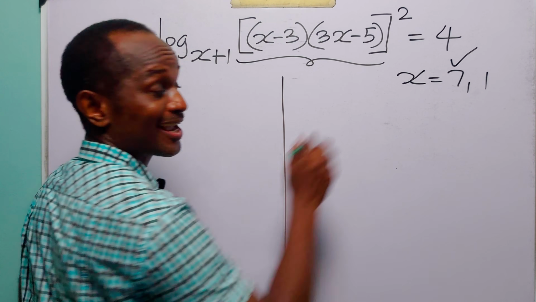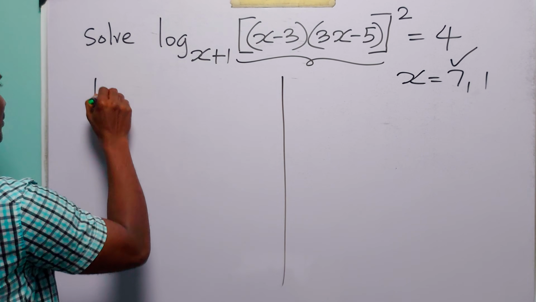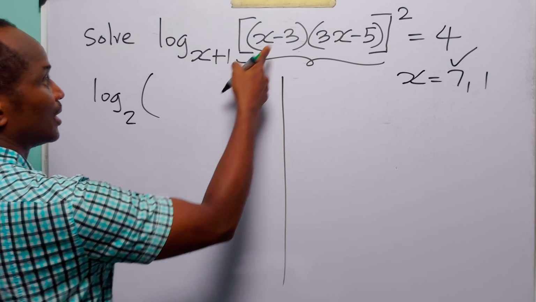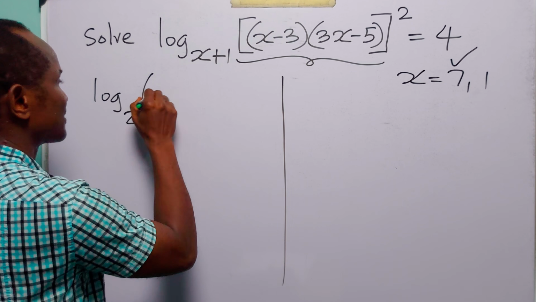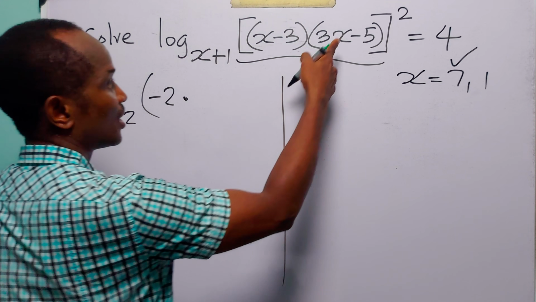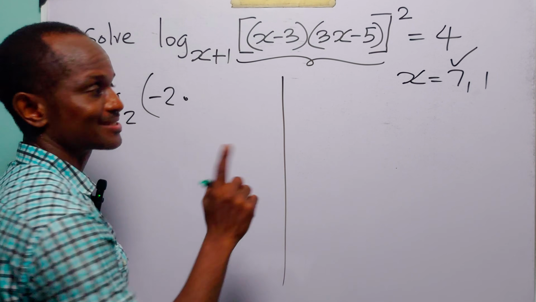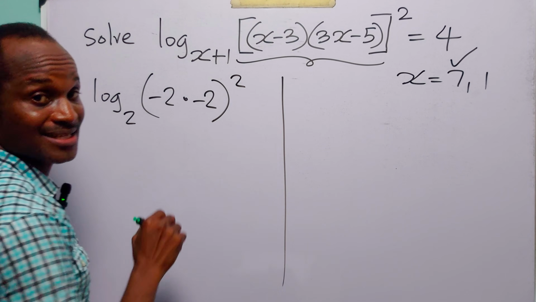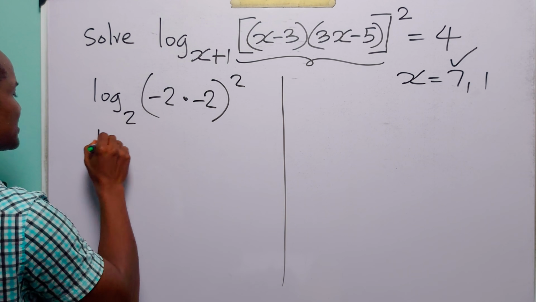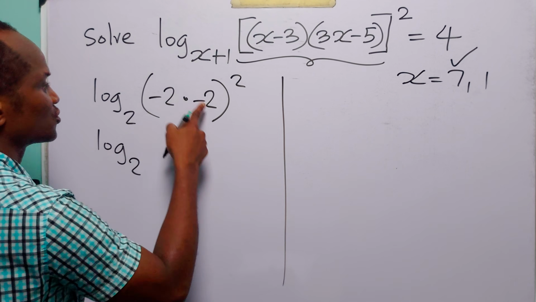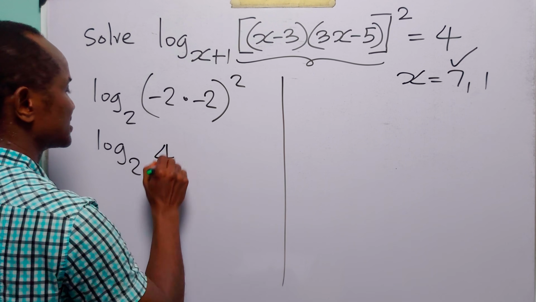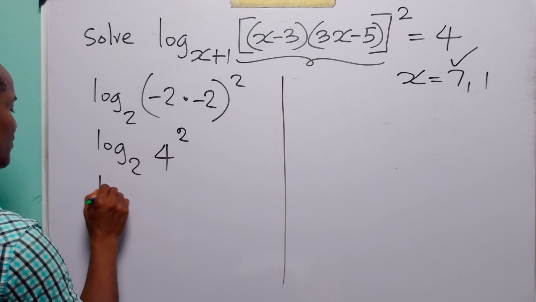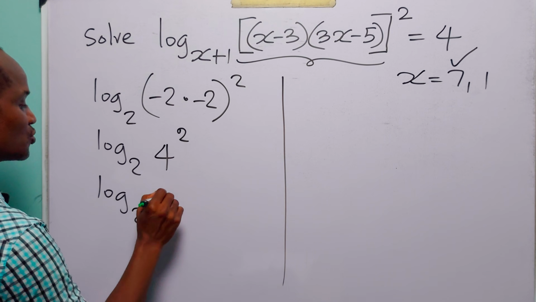Now, when x is equal to 1, we have log to base 1 plus 1, that is 2, of 1 minus 3 is minus 2 times 3 times 1 is 3, minus 5, minus 2. And of course, this is squared. Now we can write this as log to base 2 of minus 2 times minus 2, of course, is 4. And this is squared. Now we can also write this as log to base 2 of 2 squared.